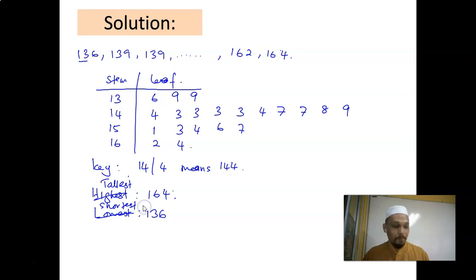So the distribution here is positively skewed, because if we divide it into two parts, most of the data are on the left side of the leaf part here, and there is less data on the right side.